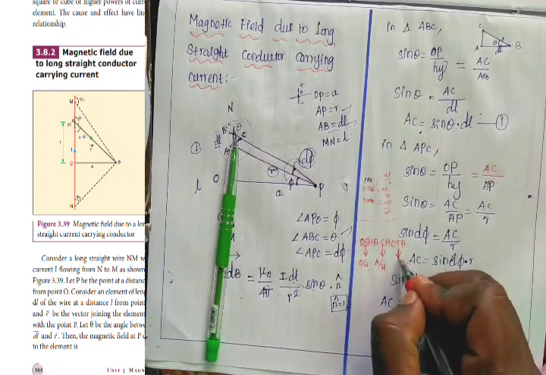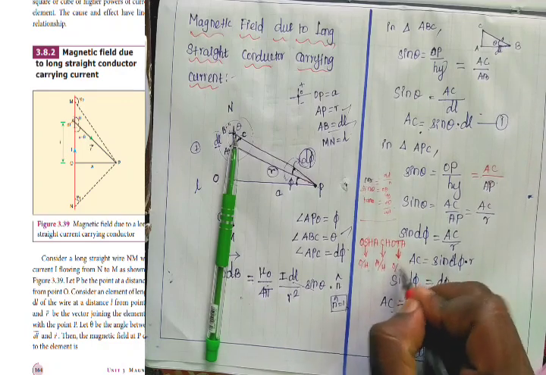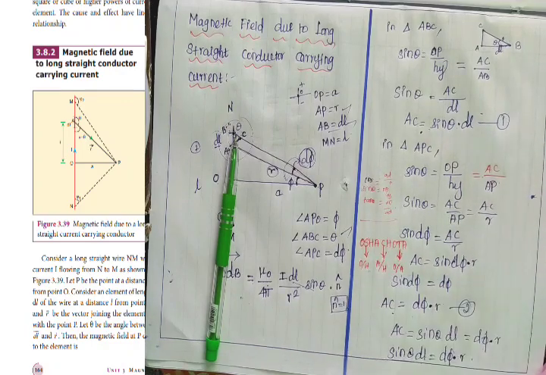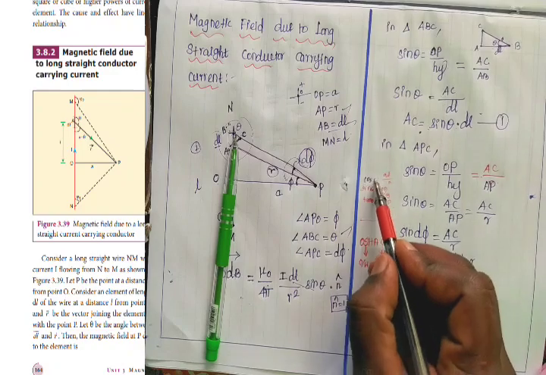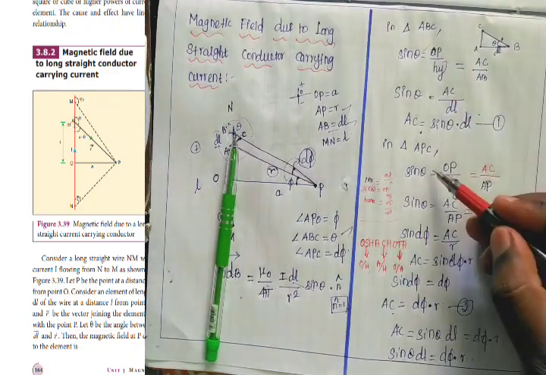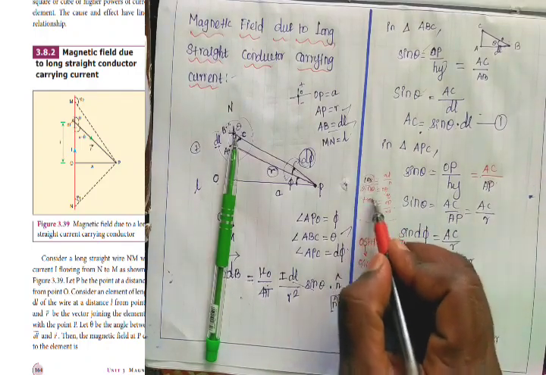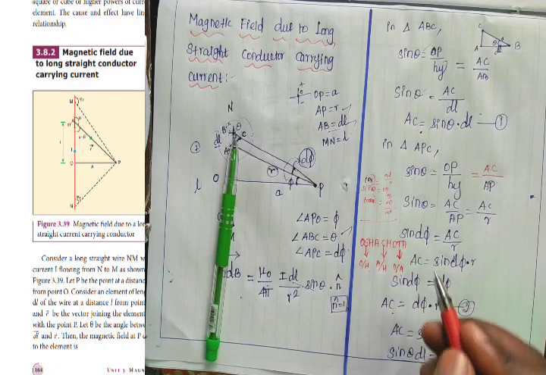And the third one is tan theta, which is opposite divided by adjacent. Here we used sin theta, but sometimes we use cos theta, and sometimes we use tan theta.